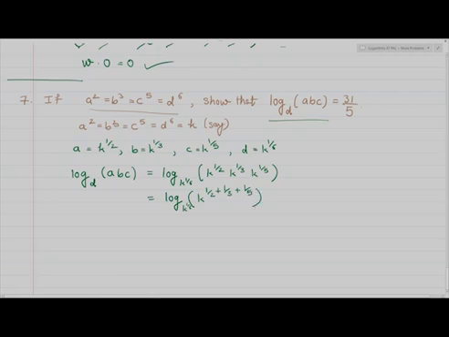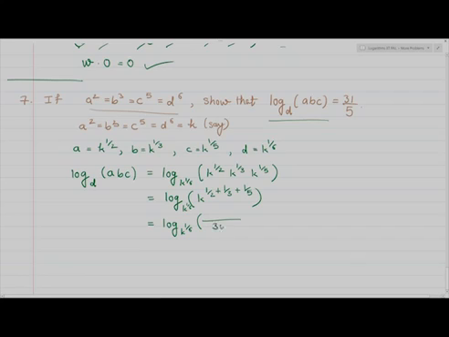You can calculate this. So what will be the LCM? 5 into 3 into 2, which will be 30.